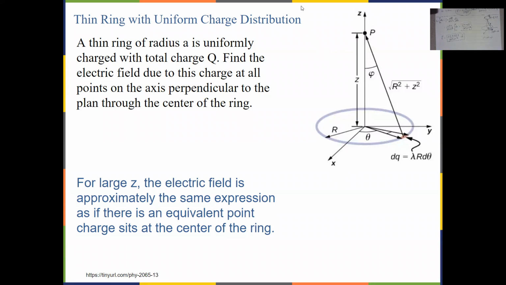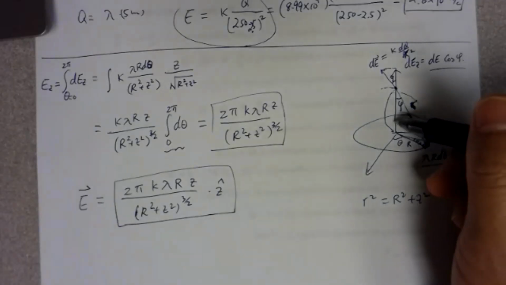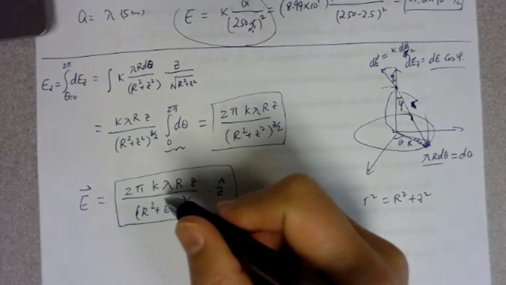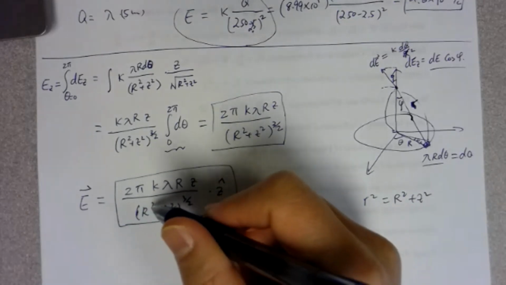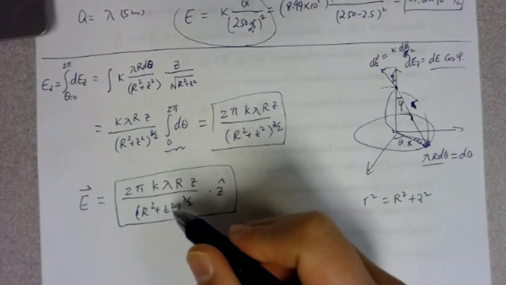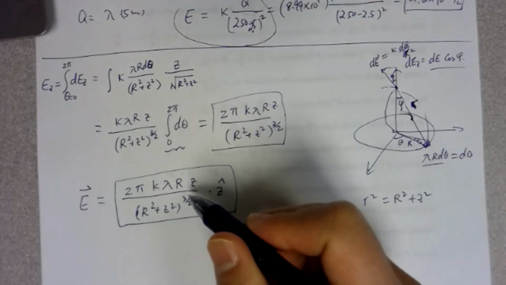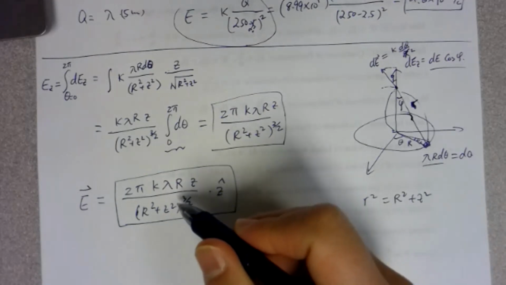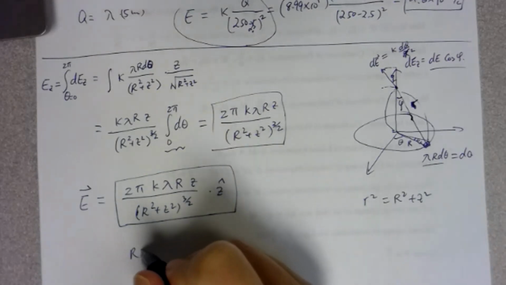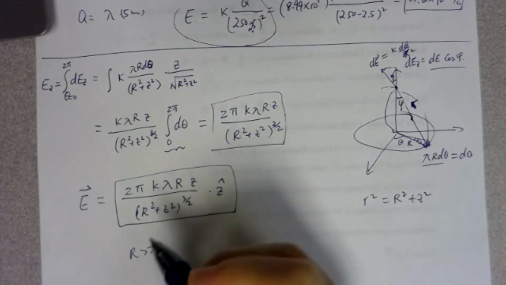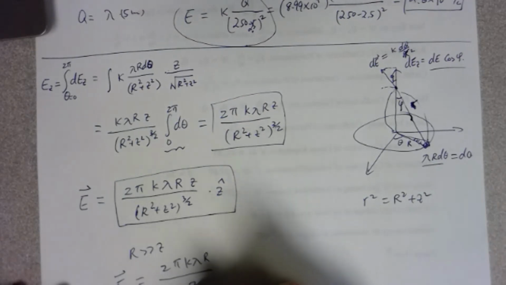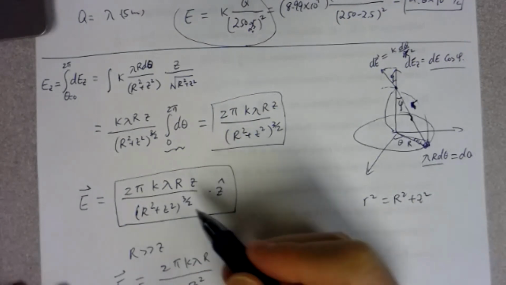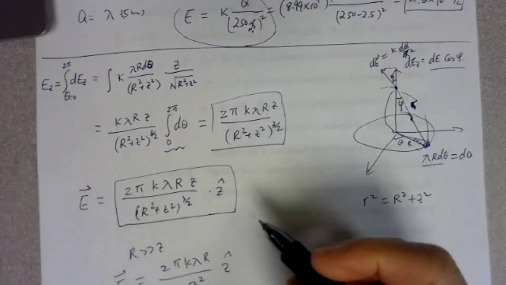So this guy becomes smaller in the denominator. So then z to the 3/2 becomes z to the 3rd, right? So the z on the top here will cancel out one z. So for r much smaller than z, your E becomes just 2 pi k lambda r over z squared, in the z direction.